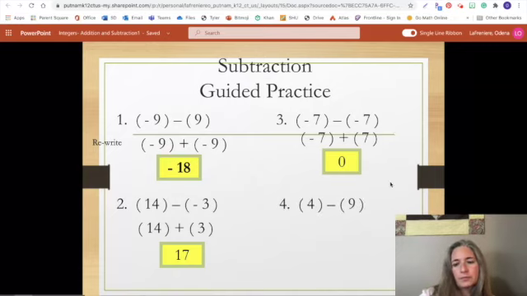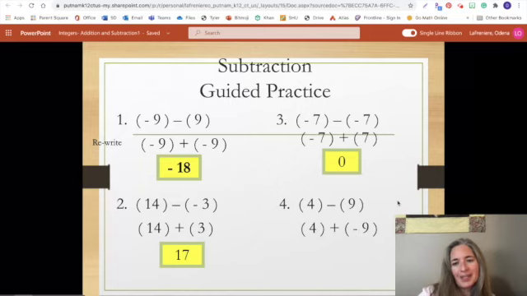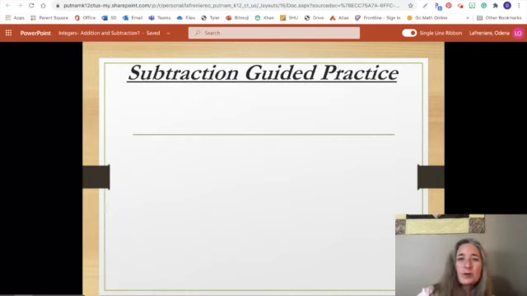This one, that stays the same. Subtraction changes to addition, and positive changes to negative. Good. Let's try some. You can use whatever method you would like on this one.